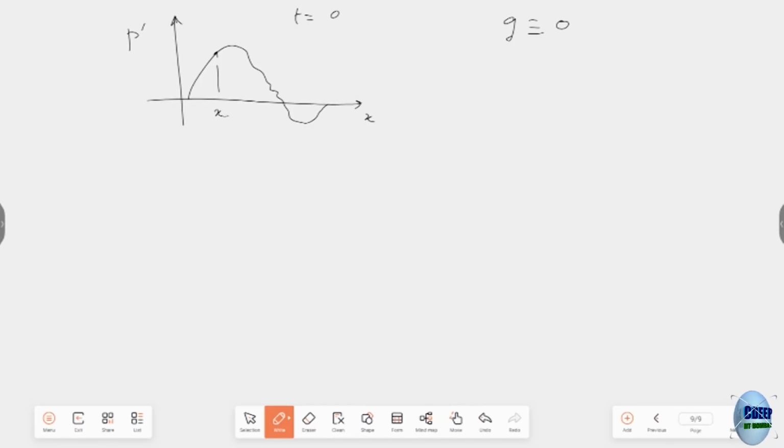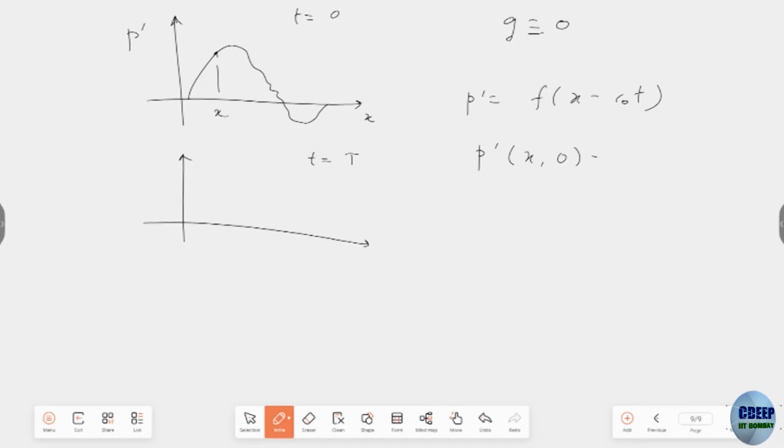So this is the picture at t equal to 0, and I am interested in understanding what is happening at some time capital T. Because my p prime is f of x minus c naught t, and the g part is 0, I am invited to figure out that p prime at t equal to 0 and at x, so p prime of x and 0, is f of x. So this value is f of x.